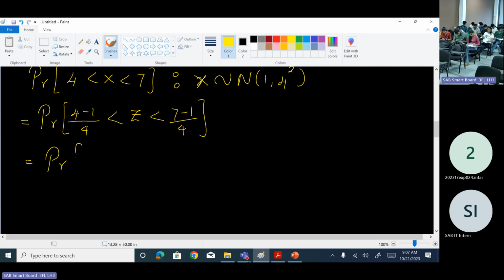So probability 3 over 4, 0.75, less than z less than 6 over 4, 3 over 2, 1.5.